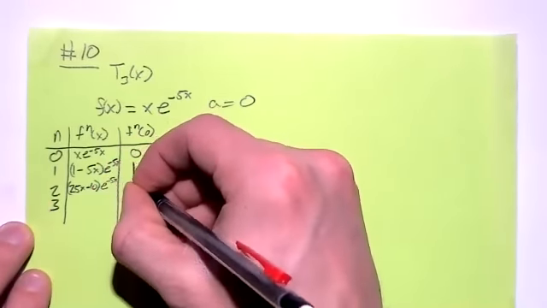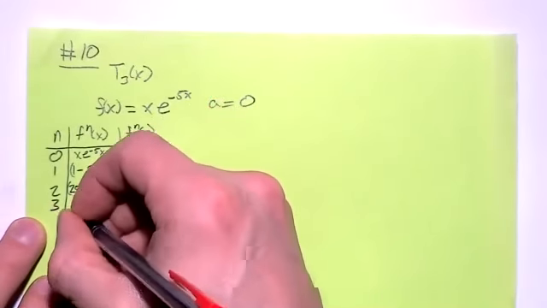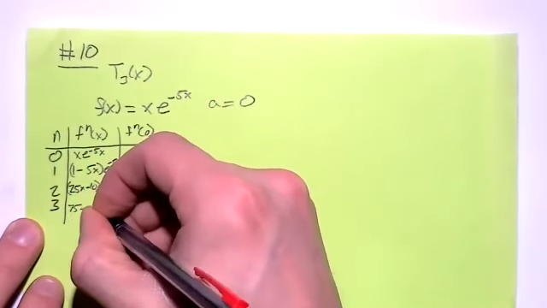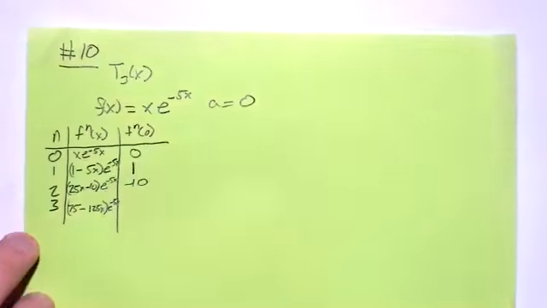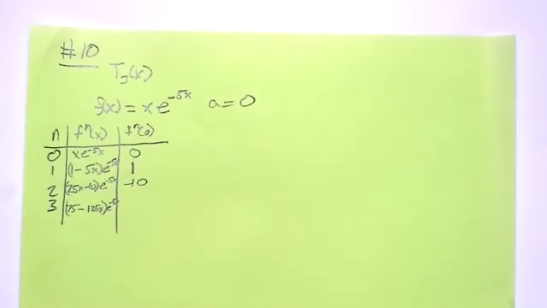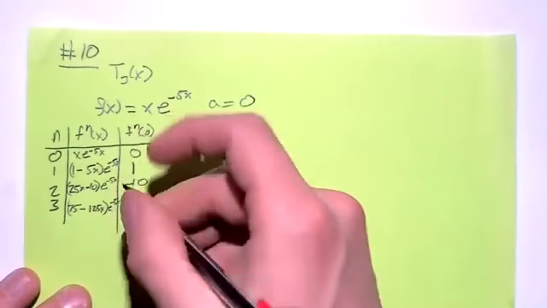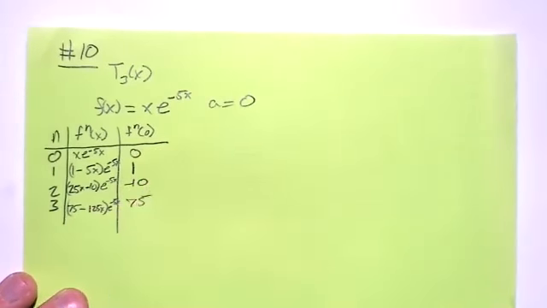It's going to be -10. And our last one is 75 minus 125x times e to the -5x. These derivatives are all product rules, just so you know. So then we'll have 75.